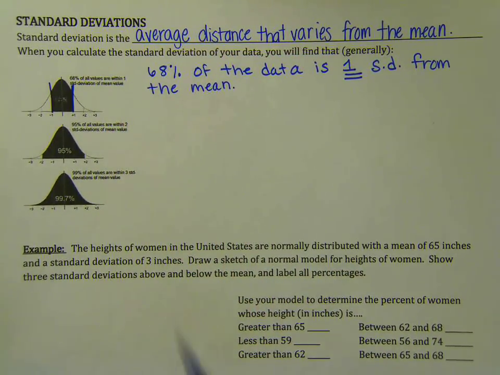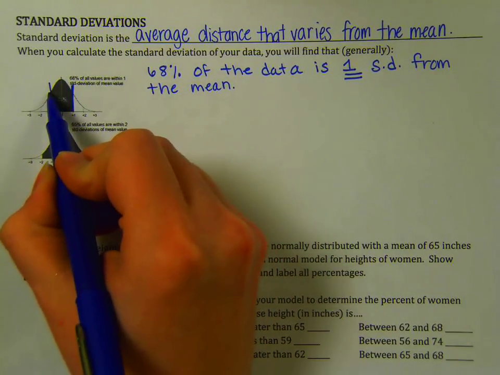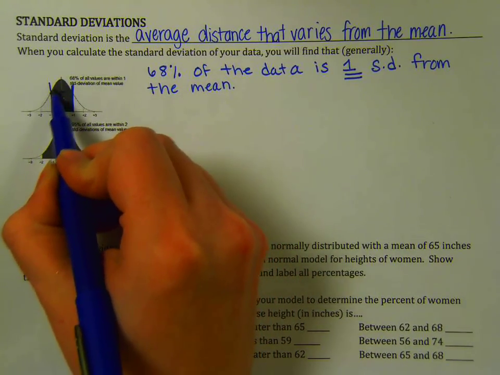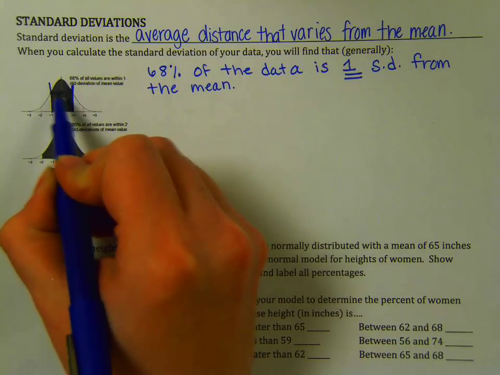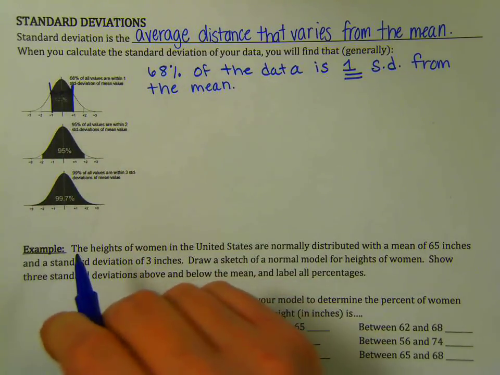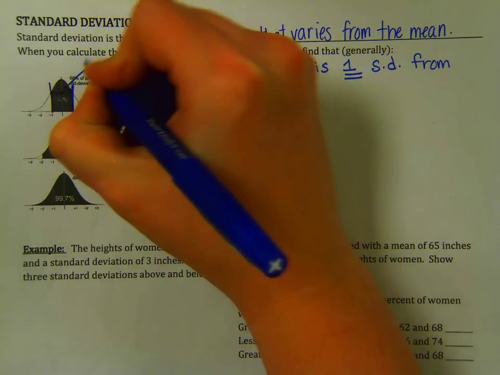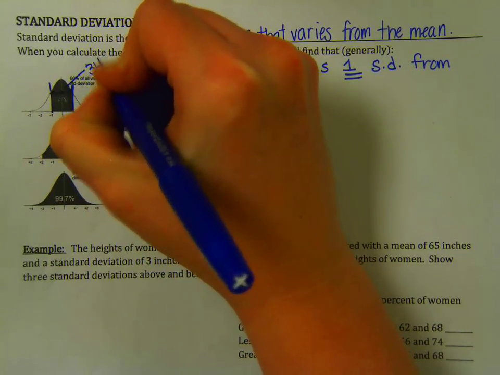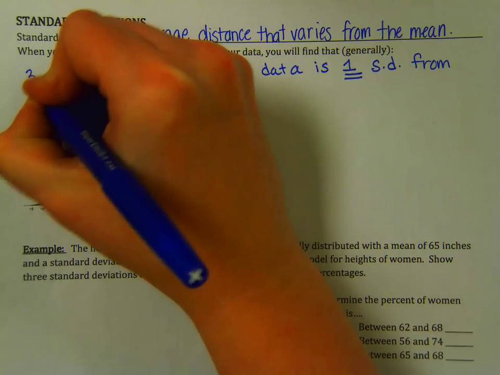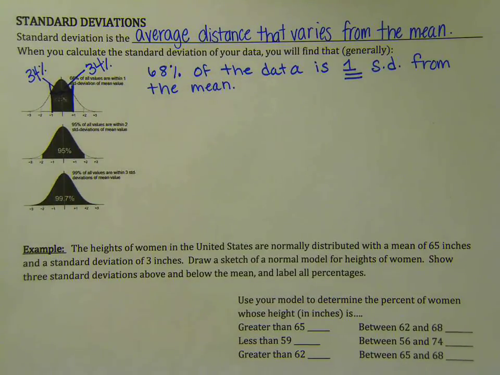That's actually on your paper already, we're just highlighting it. So if we have a symmetric curve and this whole thing in here is 68%, how much is half of that? Well, what's 68 divided by 2? Hopefully in your head you're saying 34. So this side is 34% and this side is 34%. Definitely going to need that for class.